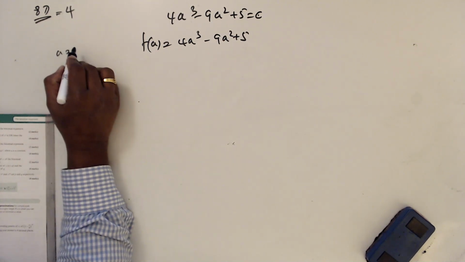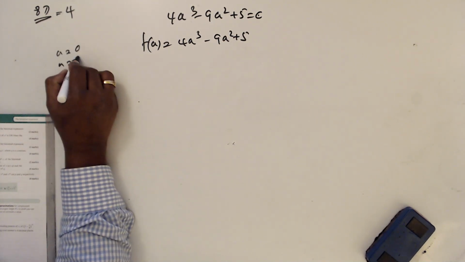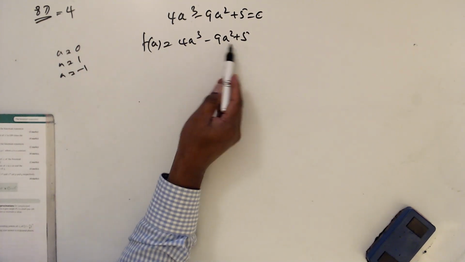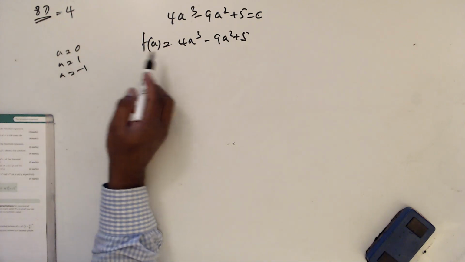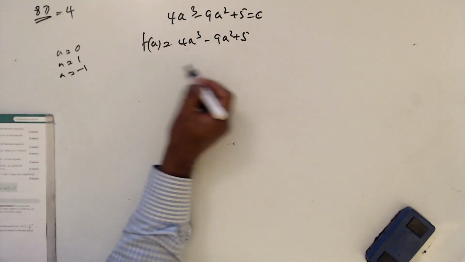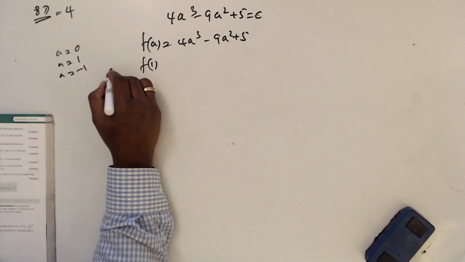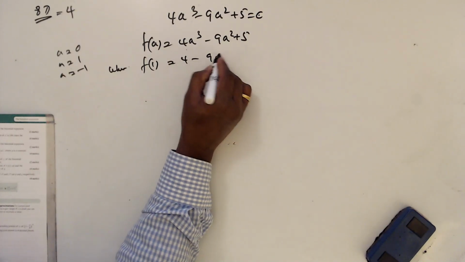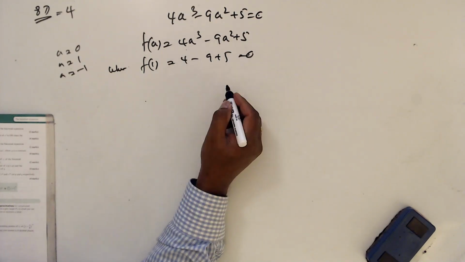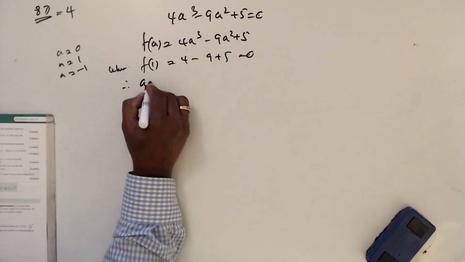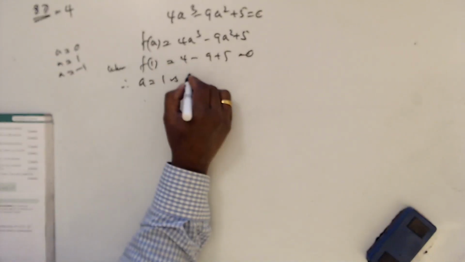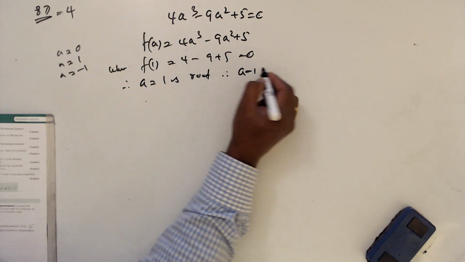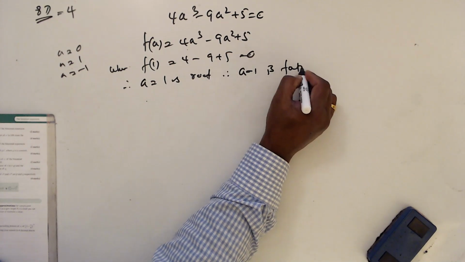So a equals 0, a equals 1, a equals minus 1. We'll try a equals 0, doesn't work. a equals 1, yes, a equals 1 works. When a equals 1, this is going to be 4 minus 9 plus 5 equals 0. Hence a equals 1 is a root. Hence a minus 1 is a factor.